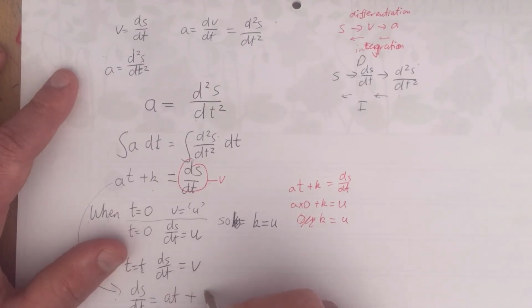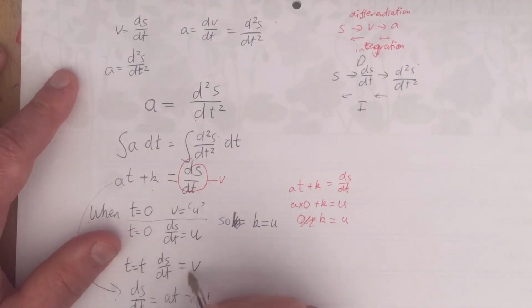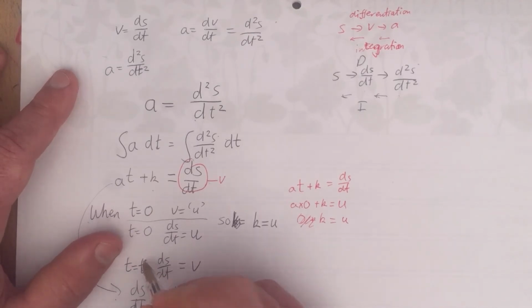But remember, the constant is going to be u, and this ds by dt is whatever the speed is at a given time. So if we're looking at the speed at 12 seconds, our time here would be 12 seconds, and we'd be looking for the final speed.